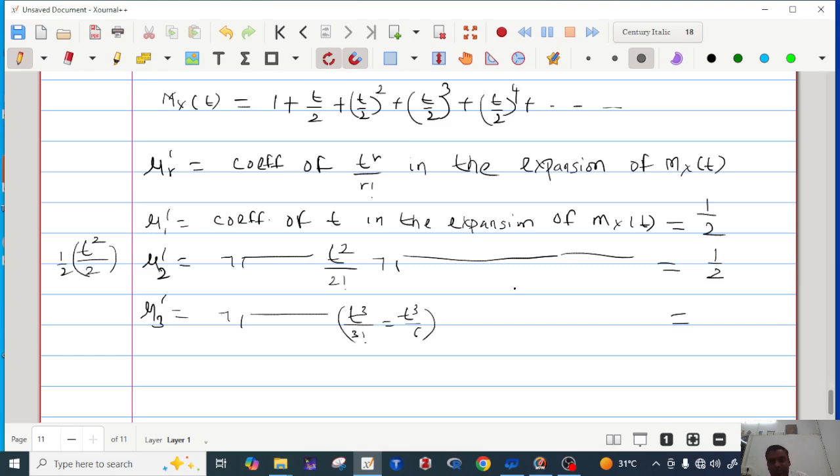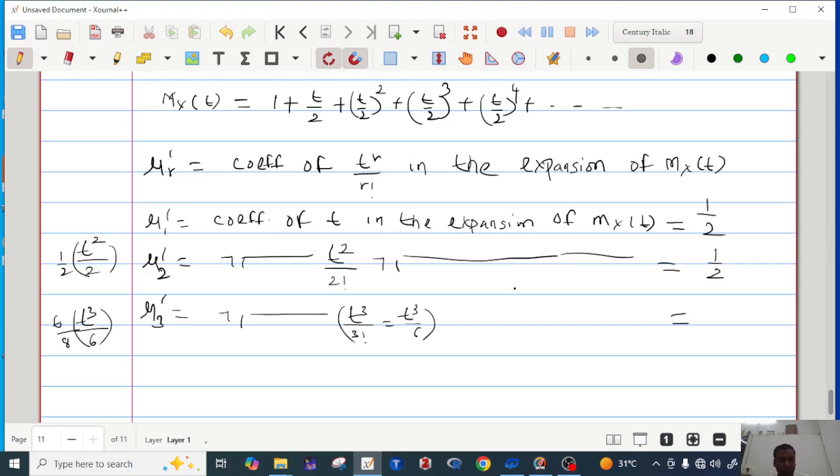Okay. So what is this? If you observe here, it is t cube upon 2 cube, that is 8. Take this 8 outside. To make the adjustment of this t cube upon 6, multiply by 6 and divide by 6.